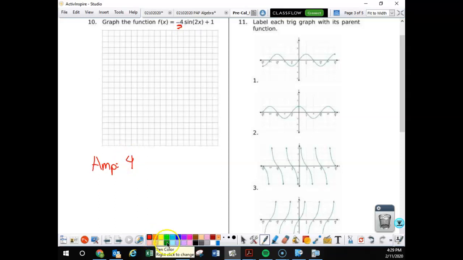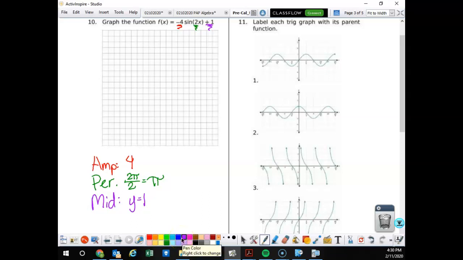The period is 2 pi over b, which is 2. So that means the period is pi. And then the midline is from here, so the midline is y equals 1. And then a is negative, so it's going to start at the bottom.